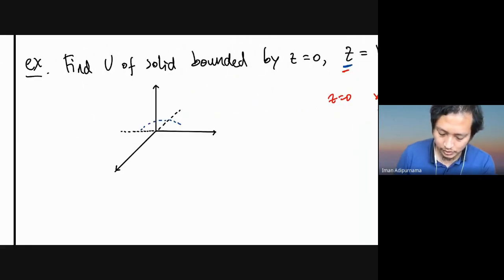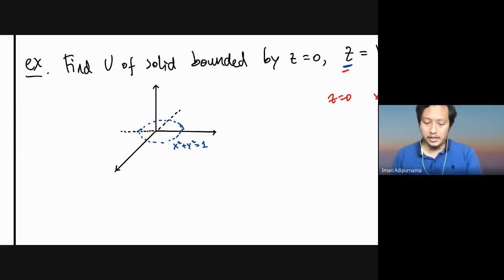Let's draw a circle. And where is the parabola? Well, the parabola will be probably here, maybe like that. Okay, that's the parabola. I hope you can see the paraboloid.